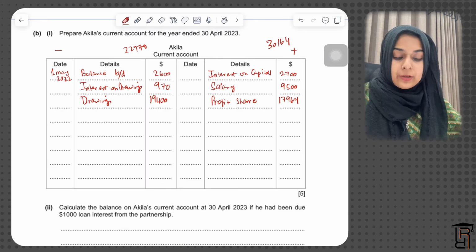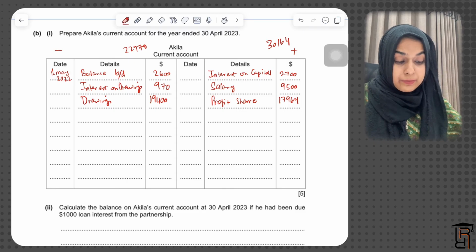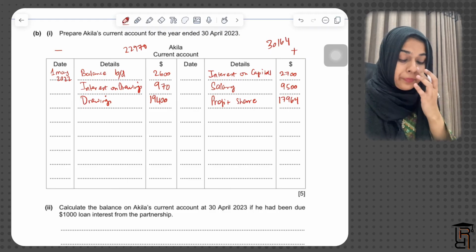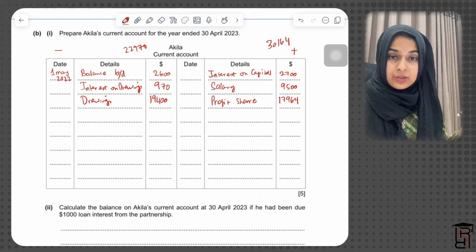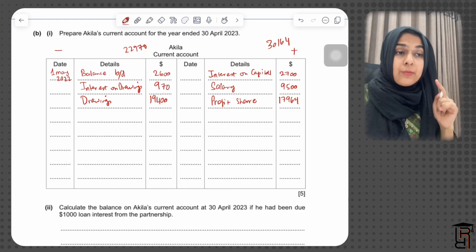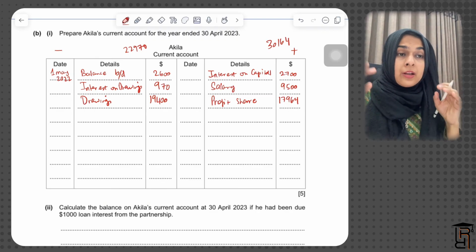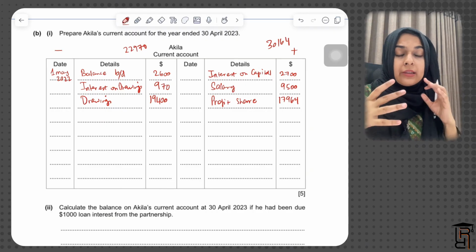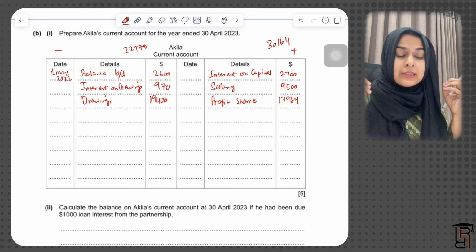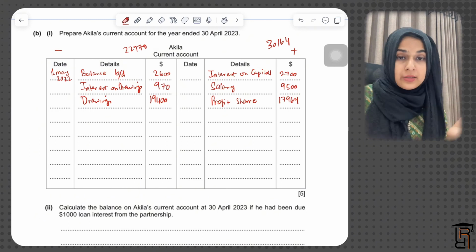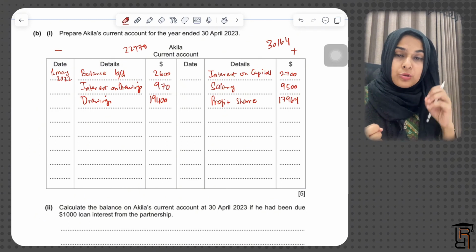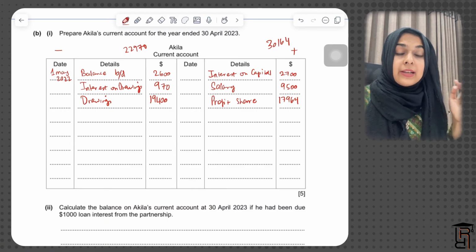In the next part, they're saying calculate the balance on Akila's current account at 30th April if he had been due $1,000 loan interest from the partnership. So if Akila was due loan interest from the partnership, Akila must have given a loan to the partnership. When a partner gives a loan to the partnership, it's like the partner lending money to the partnership.